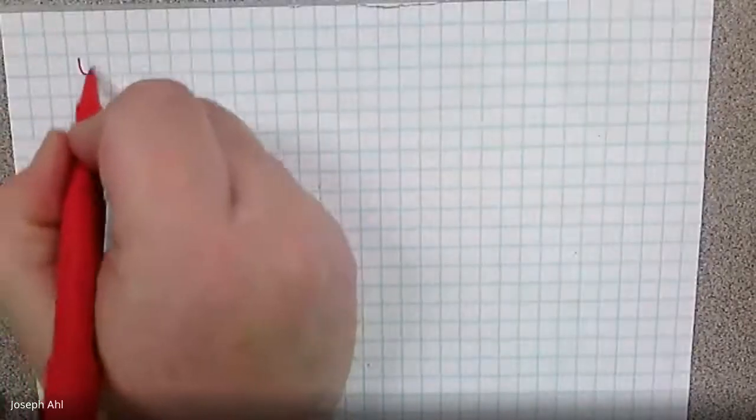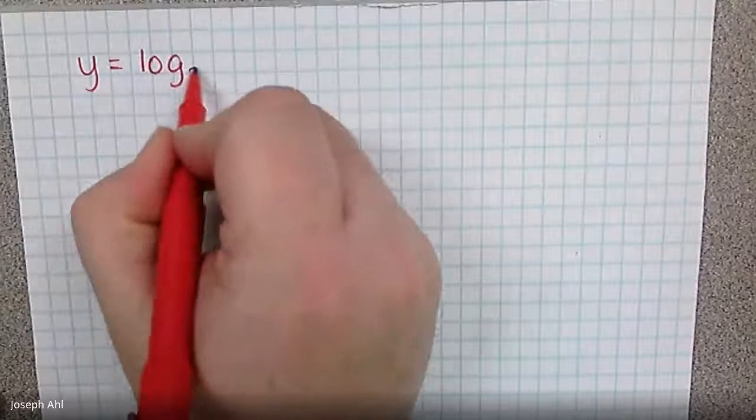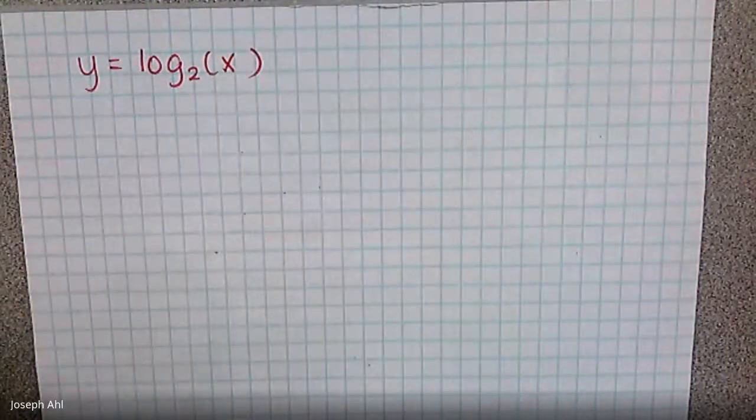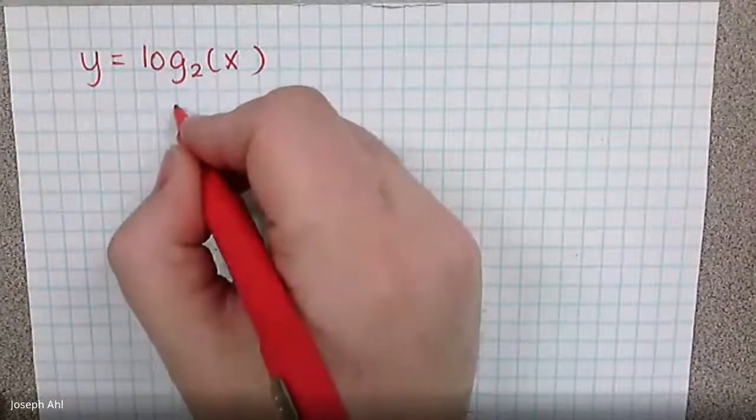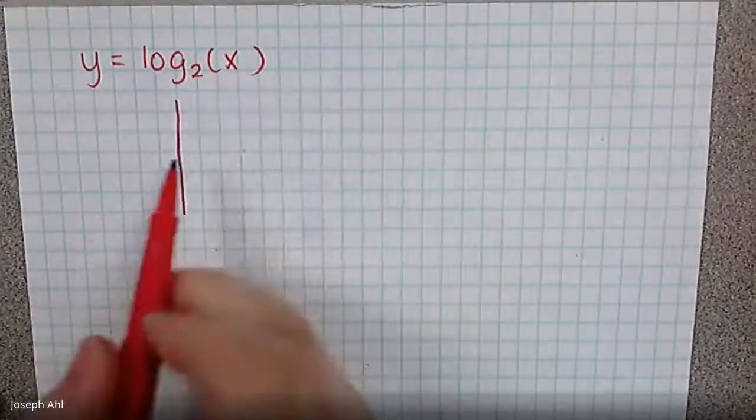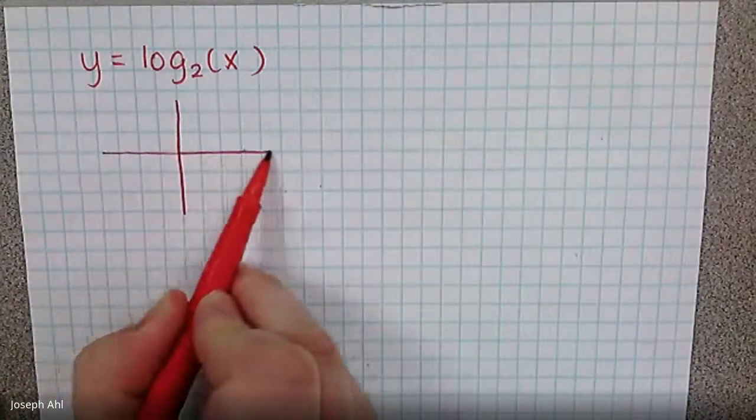Let's recall from the last page what the graph of log base 2 of x looks like. So we're going to do some function transformations here. If we have y equals log base 2 of x, some of the key things I'd want you to sketch when you make your graph are similar to those for exponential functions.